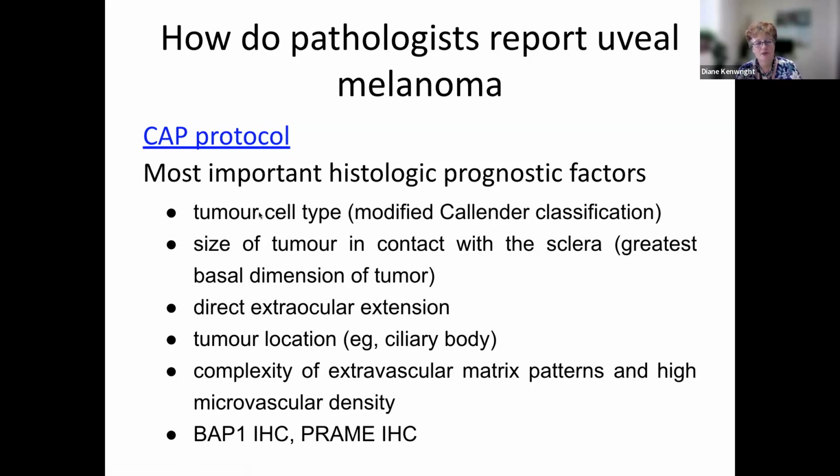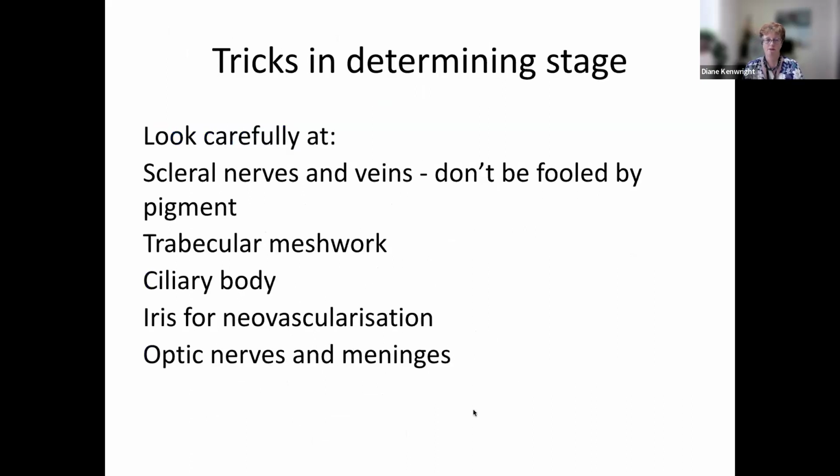Most importantly, it tells you tumor cell type, the size of the tumor in contact with the sclera, so around the curve, the degree of extraocular extension, the tumor location, and then some other things that I'm going to explain in more detail: the complexity of extracellular matrix patterns and microvascular density, together with immunohistochemical stains.